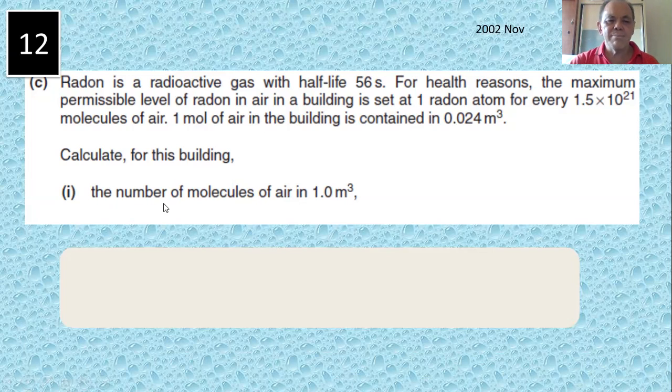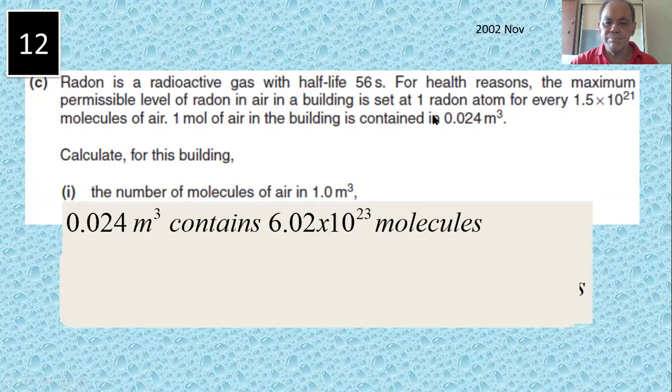So they want the number of molecules of air in 1 meter cube. You have to go to your data sheet. That is the volume. That's the number of molecules, Avogadro's number, in that volume of air.